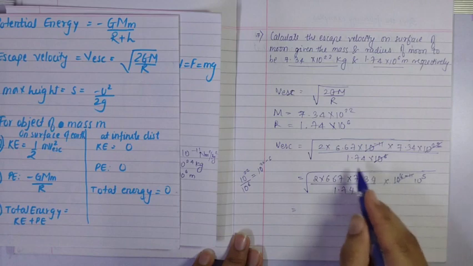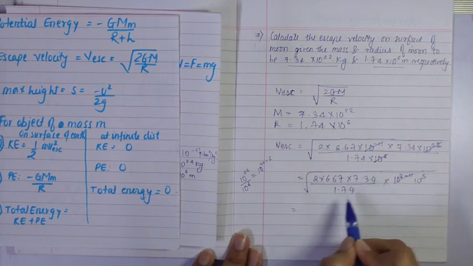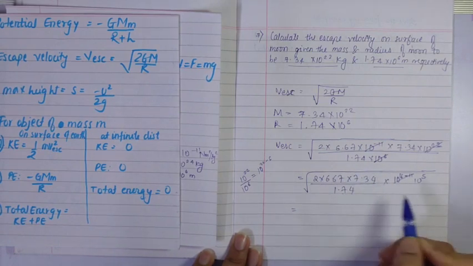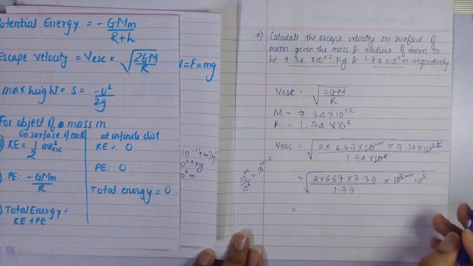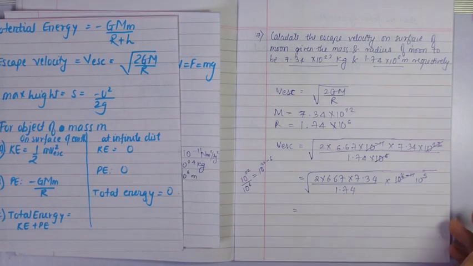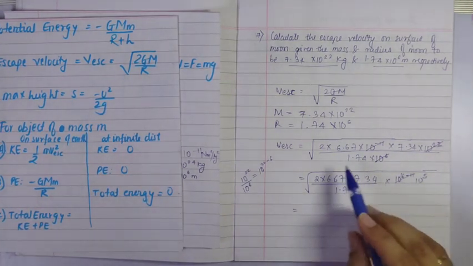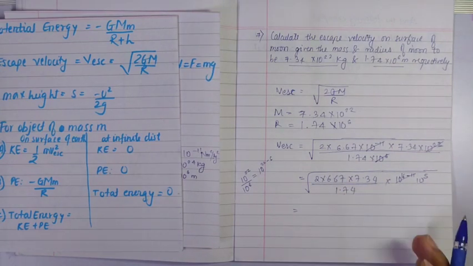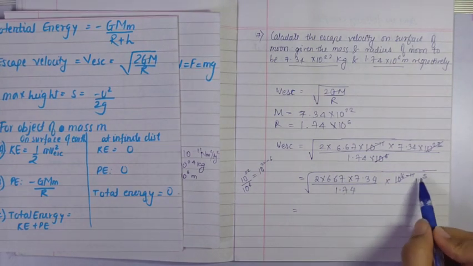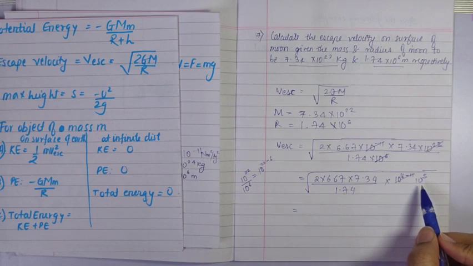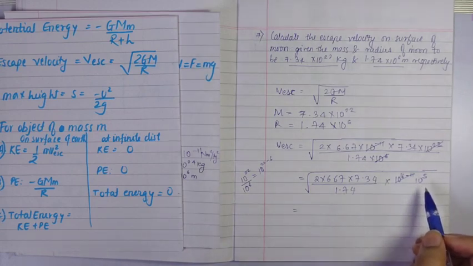Now you need to solve this. Multiply this, divide it by 1.74, and then for square root, you know what you need to do? You need to first adjust this number such that it comes out to be an even number, so that you can take it out of your square root.